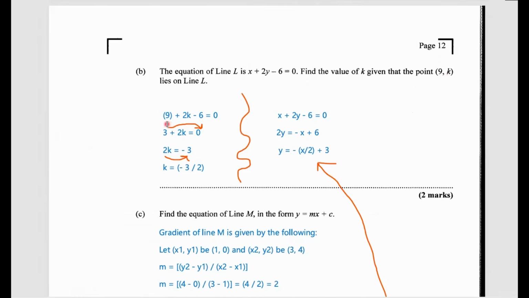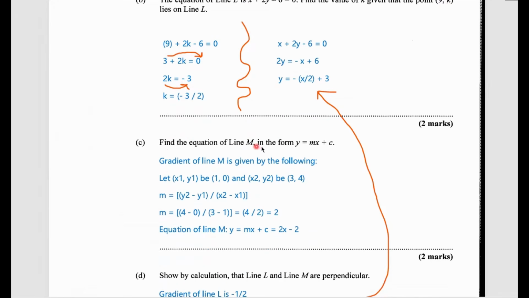So you will realize 9 add 2 by k minus 6 is 0. Okay, with substitution. All right, and from this you will realize that what? 9 minus 6 is 3. 3 add 2k is 0. Carry the 3 across, you get minus 3. Then you divide by 2, you get minus 3 on 2 is k.